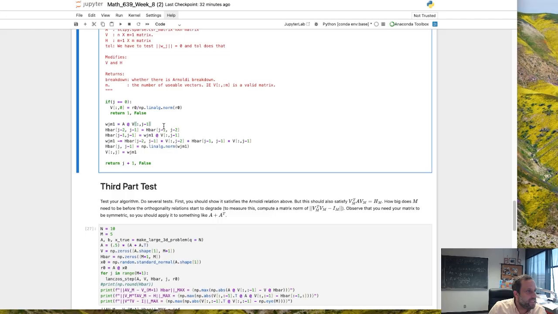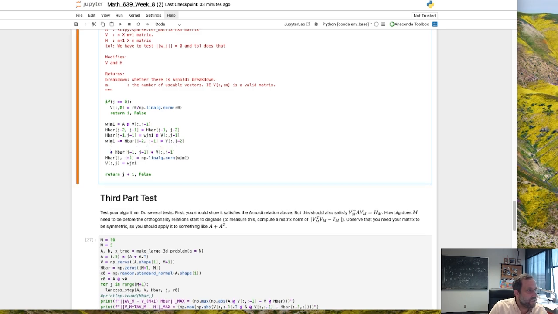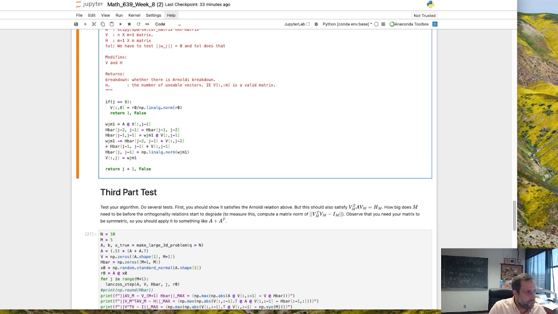So let's see, w j minus 1. I'm looking at the code I did before in my preparation. H bar j minus 2, j minus 1 is equal to h bar j minus 1, j minus 2. Here, I'm going to split this into two things. So w j minus 1 minus equals. Let me do this one at a time so I can make sure that I'm doing it correctly.